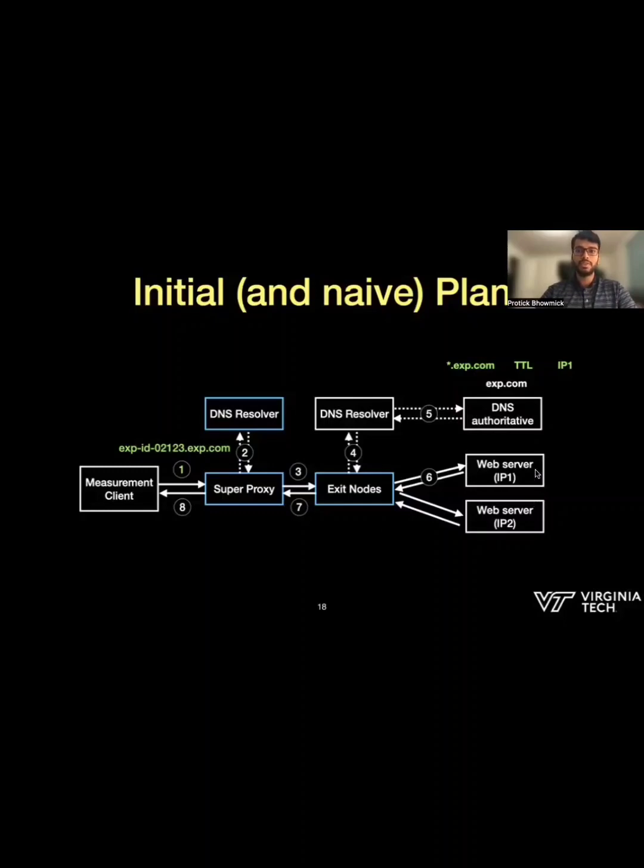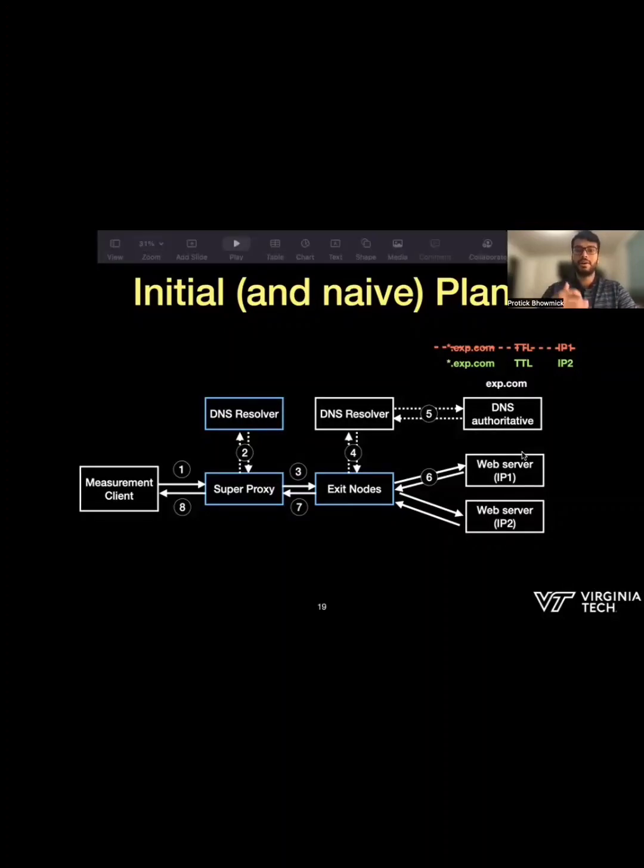Then we wait out the TTL period, and smartly retract that record from our DNS authoritative server and place a new record that points to IP2. Our expectation is that after the TTL expiry, the exit node should connect to IP2. But if we see that the exit node is still connecting to IP1, that means it's using a stale response. And that DNS resolver, which is used by the exit node, is a candidate of a TTL-extending resolver.